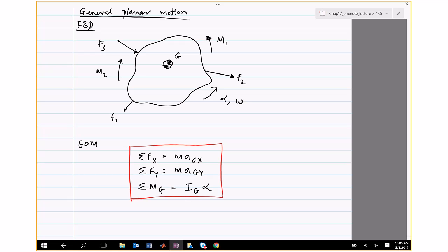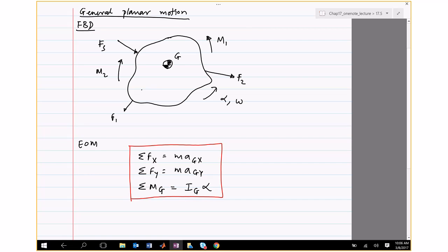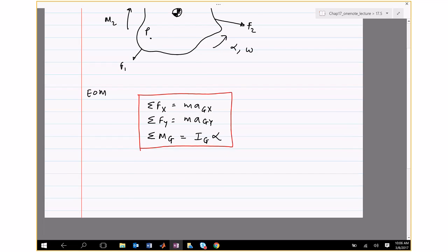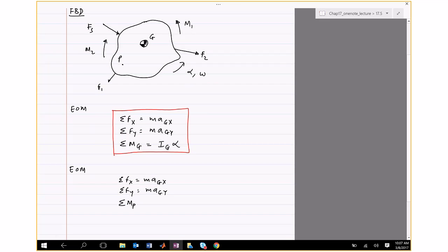Let's say that you want to take moments about point P. Okay, so sometimes you might want to write equations of motion as Fx equals m a_x. The first two equations remain the same. However, what I'm interested in now is taking moments about a point P, okay? And point P is chosen by you. It doesn't have to be a specific point. It can be, for example, this point.